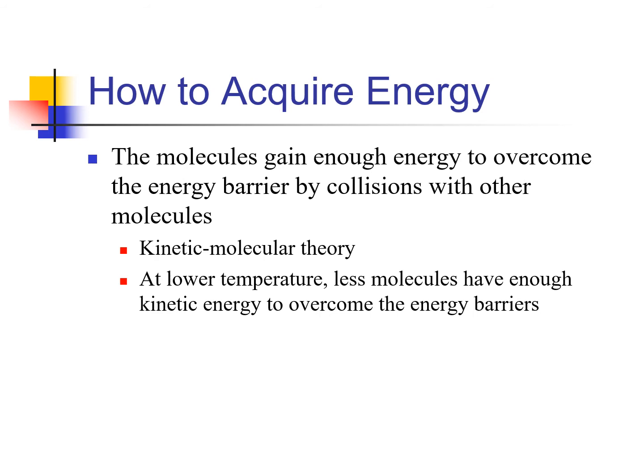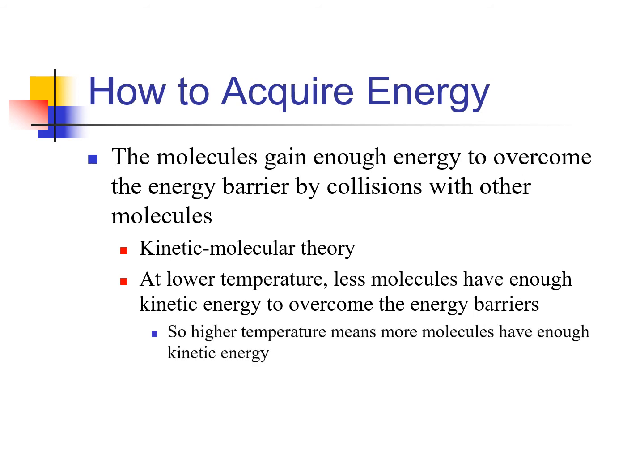It doesn't mean none will. Through sheer dumb luck, certain molecules may have enough energy to meet that activation energy requirement and can react, but it's going to be very, very small amounts. At higher temperatures, more molecules have enough kinetic energy, so we're going to see more molecules reacting.